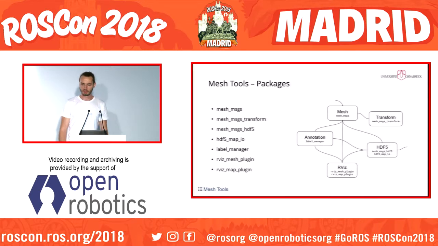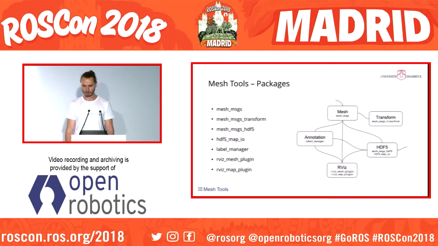And to make it persistent, because we sometimes deal with really huge data sets of up to 100 or 200 gigabytes, we use a persistent layer using HDF5. Thereby we present the mesh message HDF5 package and also HDF5 map io to do it directly without the step over the messages. And we also provide a label manager.